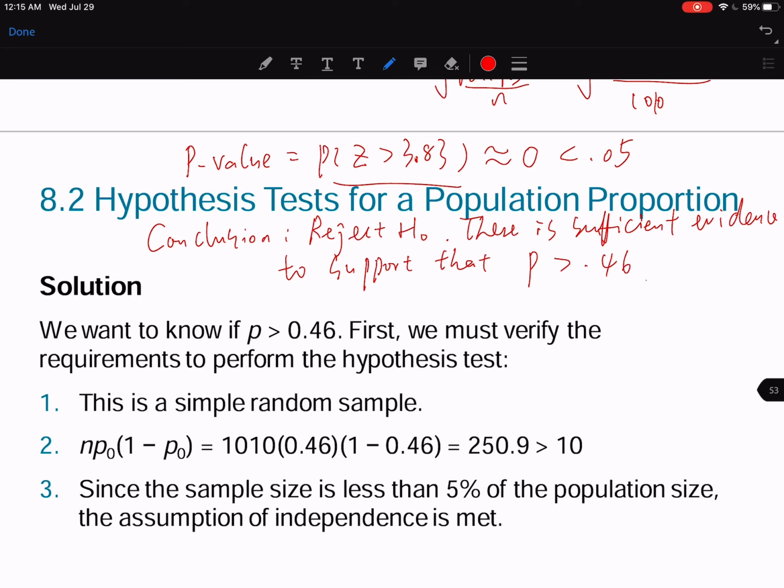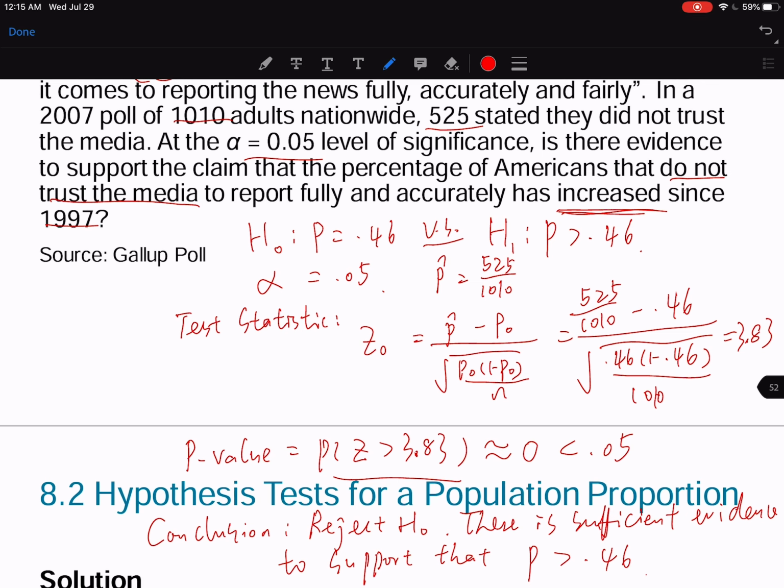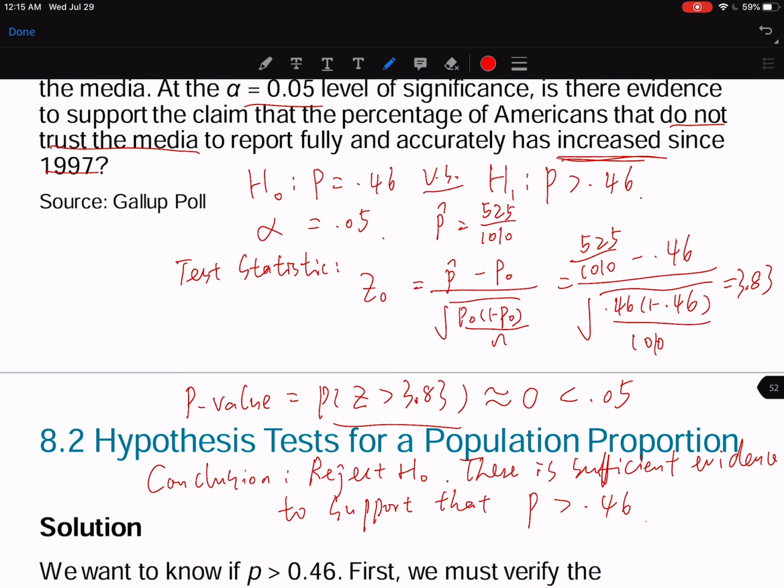Okay, or you say that the percentage has increased. So basically, that's pretty much the whole thing you want to show to get the full credits, whatever on the homework or on the test. That's the whole procedure, okay?